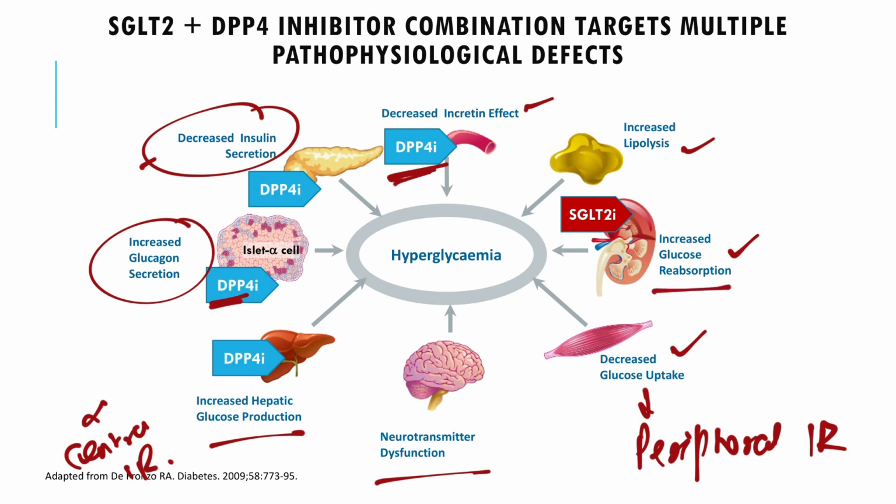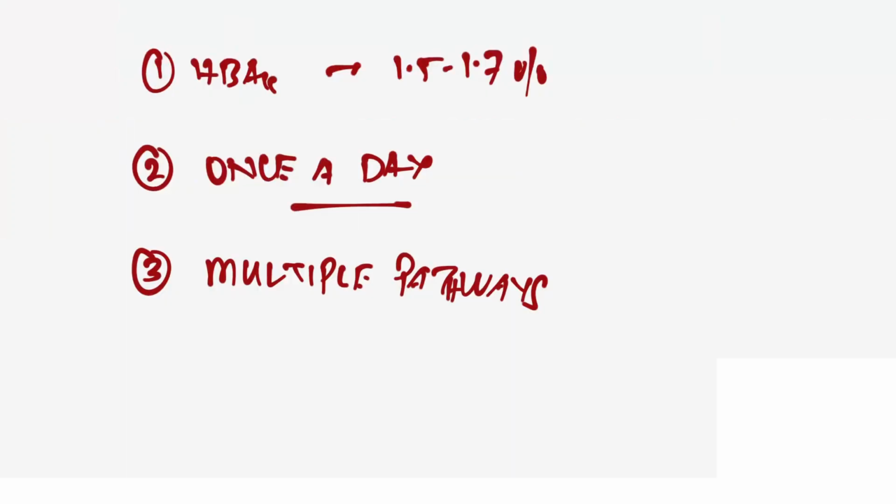You have glucose reabsorption, which is controlled by SGLT2 inhibitors. So this will be effective. These are the 3 very important parts of the ominous octet which are going to be impacted by use of the SGLT2 DPP4 combination. So one of the biggest advantages you get with this combination is that you can actually target multiple pathways, and because of that, the patient has a lot of benefit.